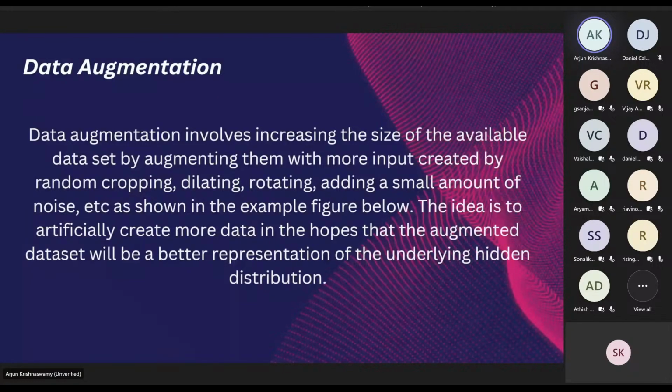There can be so many things you can do with one image to get more images. That is called data augmentation. It helps increase the data set size, improves our model's accuracy and reduces the complexity. Thereby it prevents overfitting again, so the same objective is achieved.